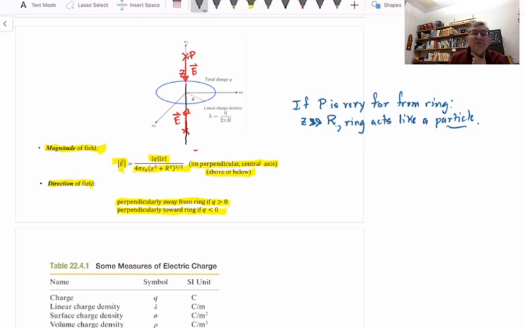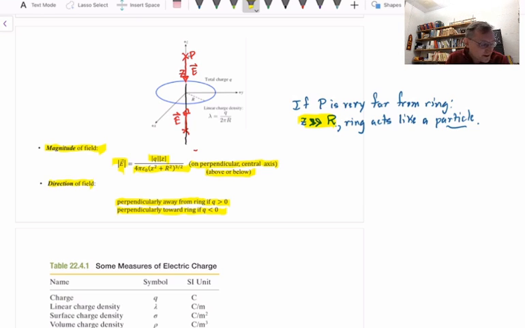Note the magnitude of this field formula looks pretty complicated if you're at a point near the ring. But how does it simplify if point P is far from the ring? Well, when you've got a limiting situation, like one distance is much larger than another, z is much, much larger than big R, the first thing to try is the most drastic simplification you can, to see if it gives you something that isn't zero.